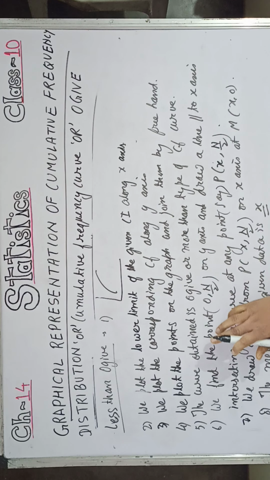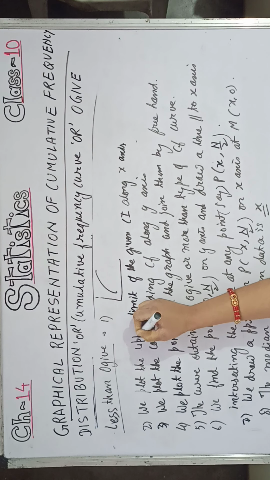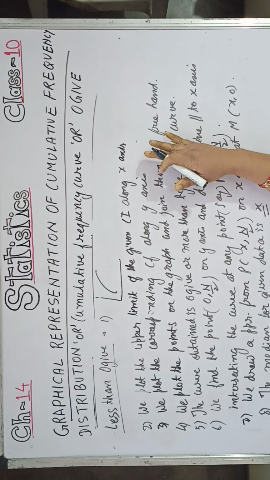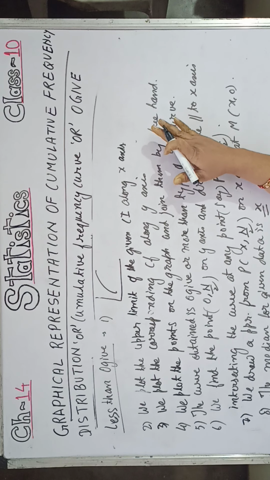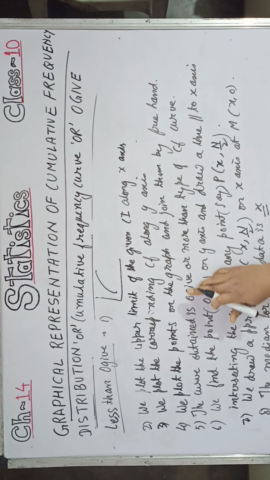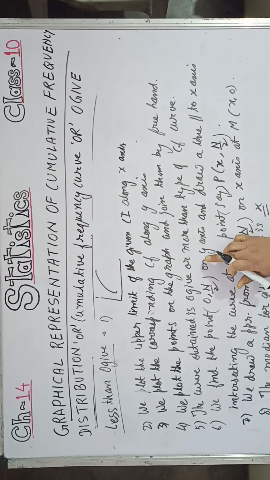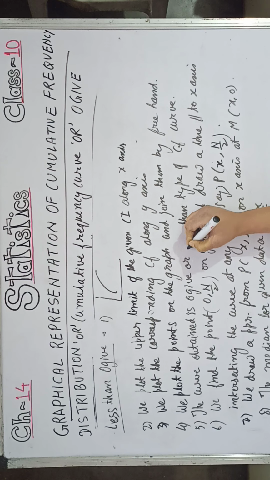From bottom to top (नीचे से ऊपर), we plot the upper limit of the given class interval along the x-axis. We plot the corresponding cumulative frequency along the y-axis. We plot the points on the graph and join them by freehand. The curve obtained is the ogive or less than type of cumulative frequency curve.